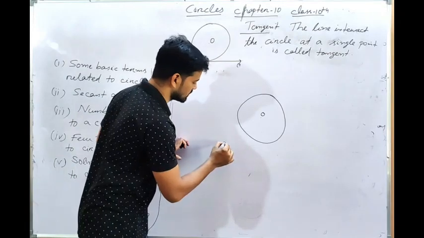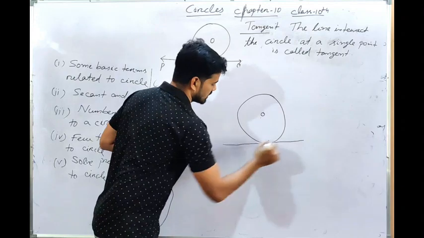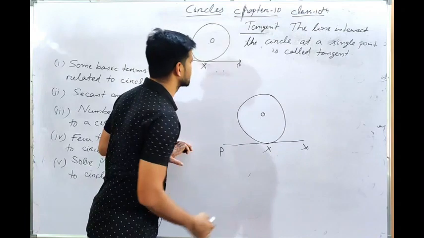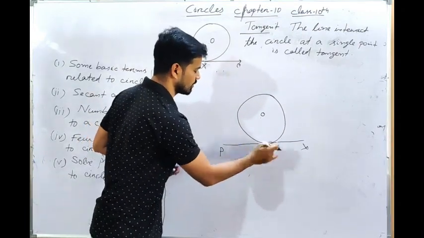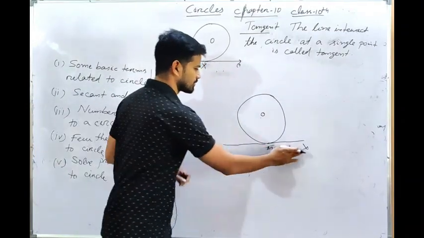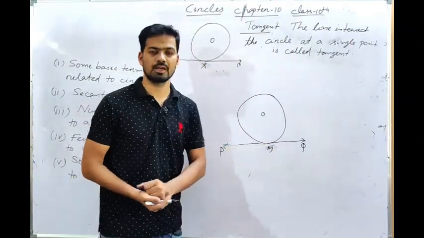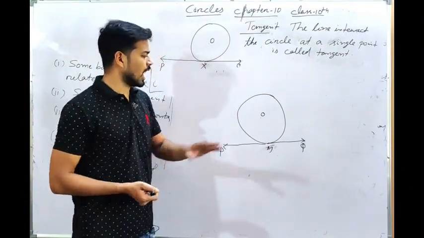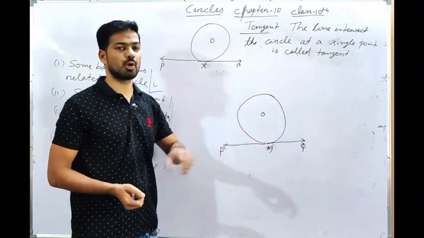Let us draw a tangent PQ to the circle which intersects the circle at point M. Now, my question to you people: how many tangents can be drawn to this particular circle from this point M?